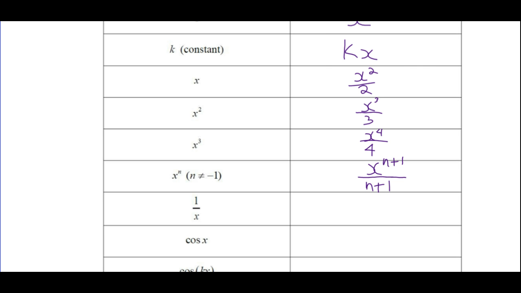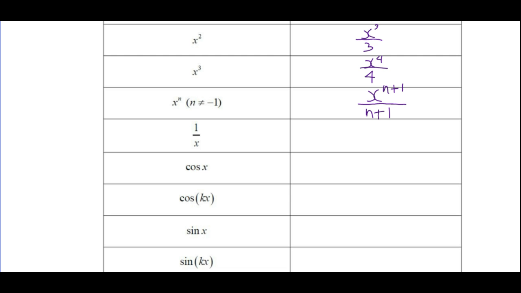The power rule says if you have x to the n, then the derivative is n times x to the n minus 1. And the anti-power rule says I need to increase the power by 1, but then I need to divide by that number. Because when we take the derivative, we're going to multiply, so the n plus 1 times this to the power of n, we're going to get rid of that. That's why we put that underneath. It gets rid of the number. So 4 times x to the 4th, they cancel. Just get plain old x cubed.